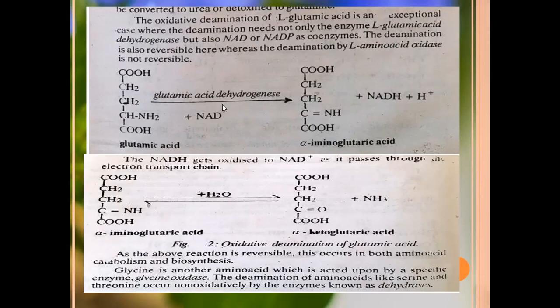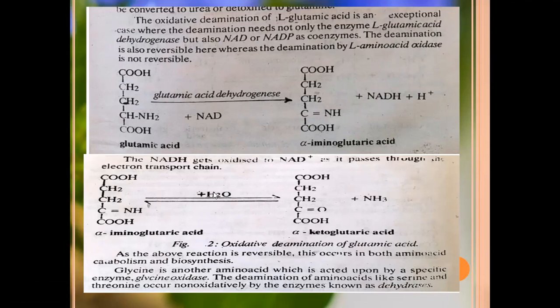See, in this first step of oxidative deamination, alpha iminoglutaric acid is formed. So why do we call it alpha here? It is the alpha carbon containing a double bond with the imino group. Then that imino group is involved in the next reaction of oxidative deamination.